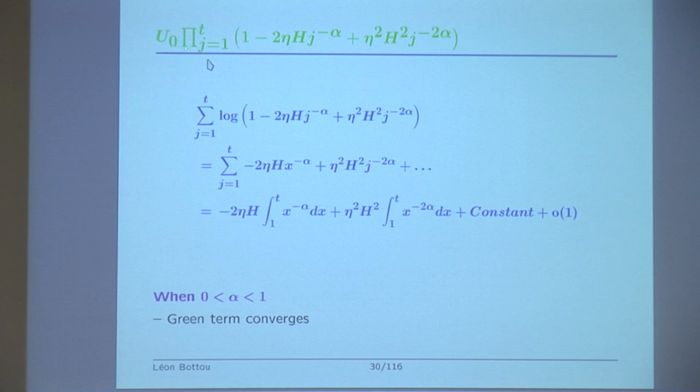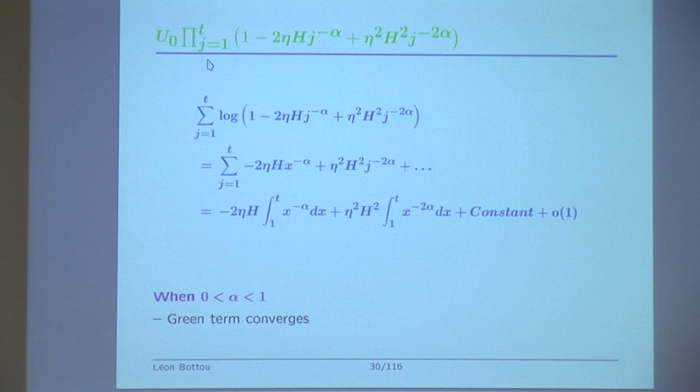So the green term is there. I can take its log and forget about log of u0 for now. So it's the sum of j equals 1 to t of the log of this. Log of 1 minus something that gets small is equivalent to the thing itself, plus dot dot dots because there are extra terms. This should be a j here. And now these sums, I can approximate by integrals.